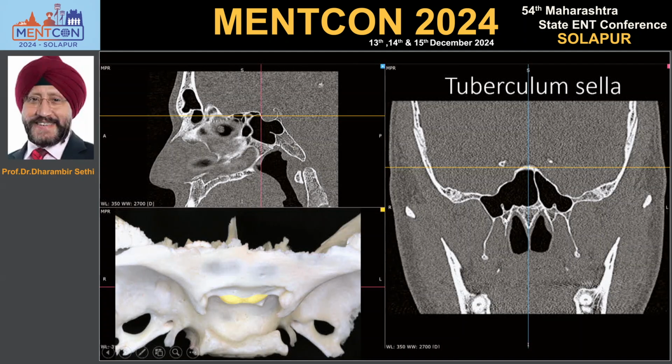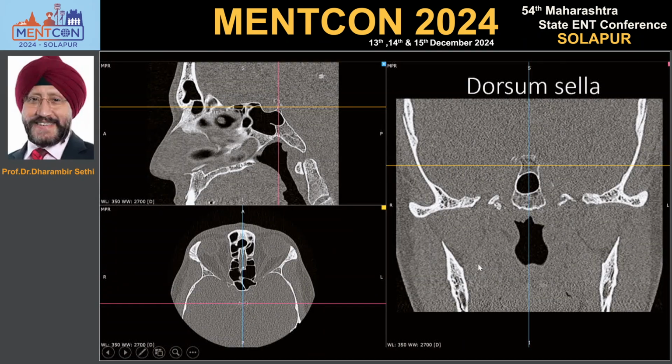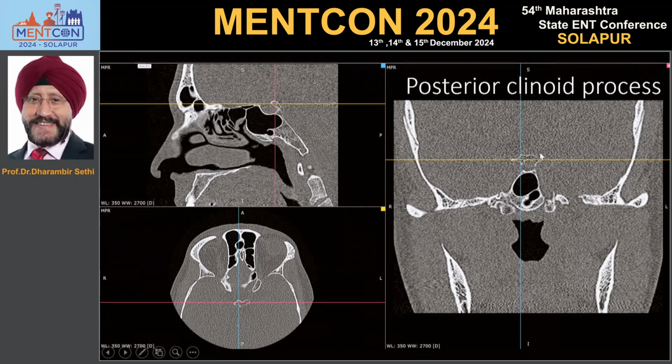Below the chiasmatic groove is the tuberculum sella. Again, this structure is not well seen on the CT scan, but you can see it in the sphenoid bone here. Below that is the sella turcica and the pituitary fossa. The posterior wall is formed by the dorsum sella, as you can see here, and the posterior clinoid processes.